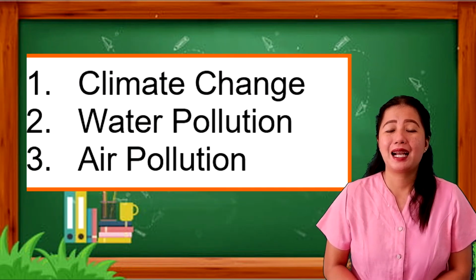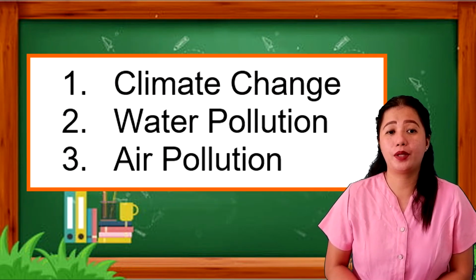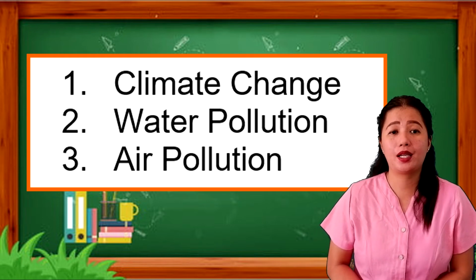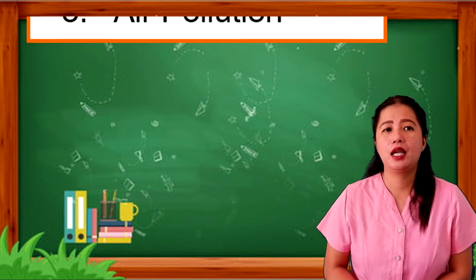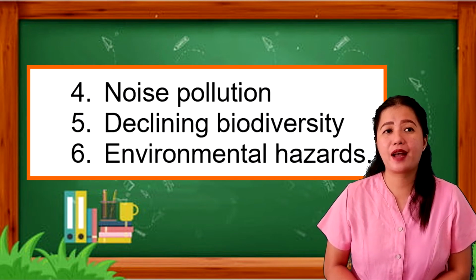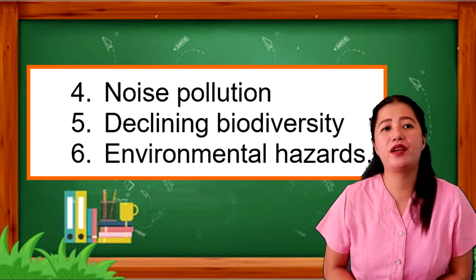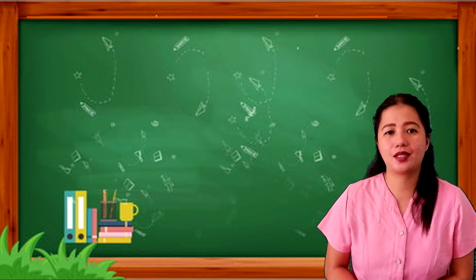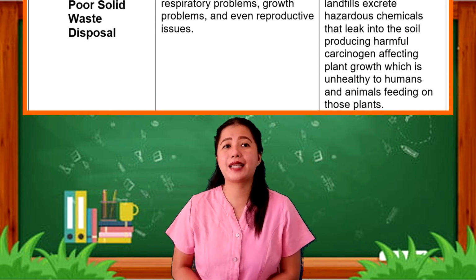Number 1, climate change. Number 2, water pollution. Number 3, air pollution. Number 4, noise pollution. Number 5, declining biodiversity. Number 6, environmental hazards. Now you are given an example.